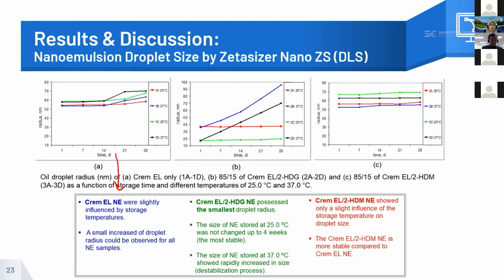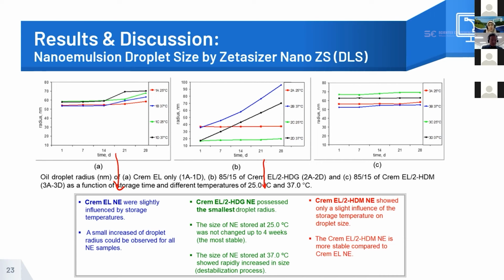The second one is the mixture of Cremophor EL with 2-hexadecyl glucoside nanoemulsion, which possesses the smallest droplet radius compared to the Cremophor EL nanoemulsion or Cremophor EL mixed with 2-hexadecyl maltoside nanoemulsion. The size of the nanoemulsion stored at 25 degrees Celsius did not change up to 4 weeks, the most stable system.